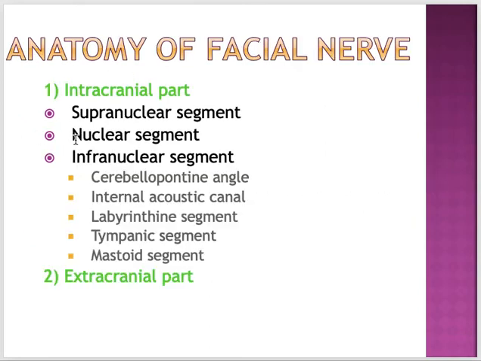So in anatomy, we always study the course of the nerves and the vessels. Facial nerve has an intracranial part and an extracranial part. The intracranial part can be divided into the supranuclear segment, nuclear segment, and then infranuclear segment.